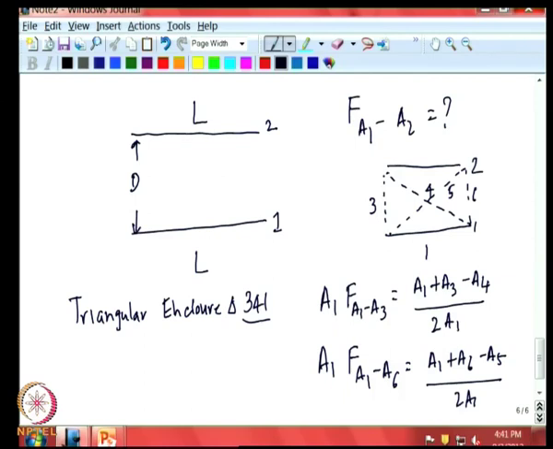Now, what I really want is F A1 A2, that is what I want. I got F A1 A3, I got F A1 A6. Now, I can apply the first law of thermodynamics.